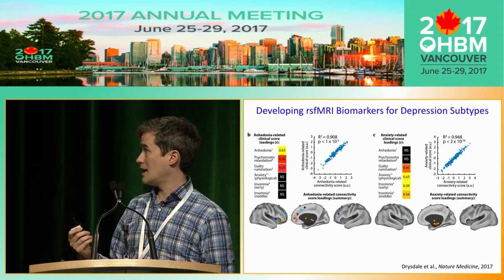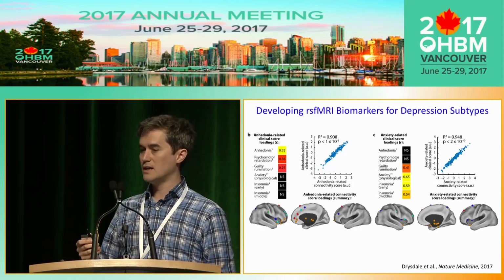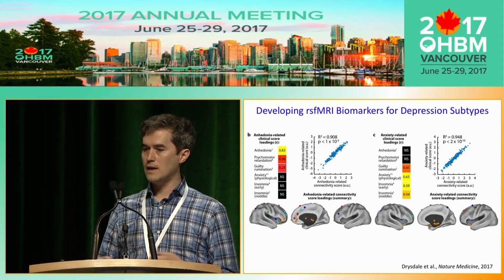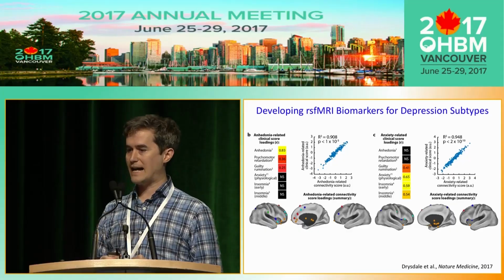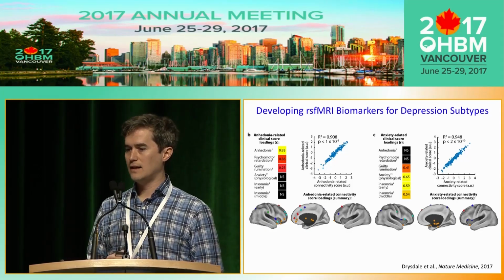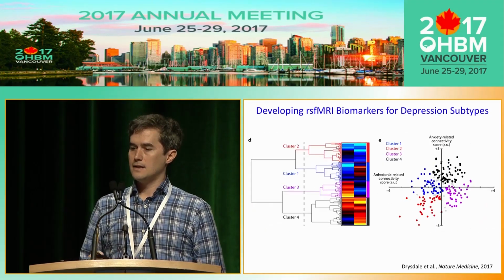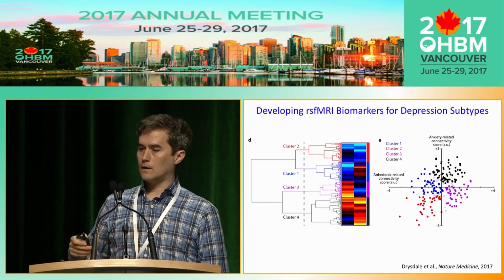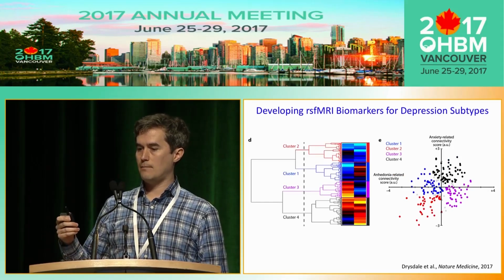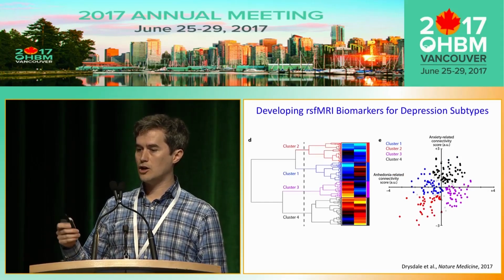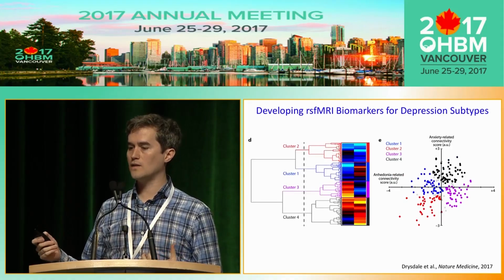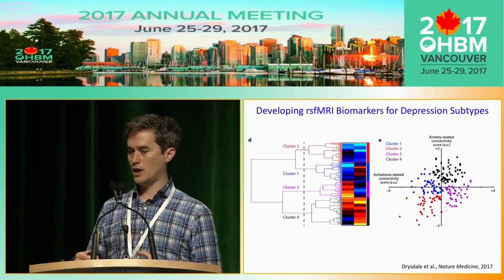We discovered two components, which we term, for lack of a better name, anhedonia-related and anxiety-related connectivity. We performed hierarchical clustering to ask whether patients could be clustered into subgroups along these two dimensions. We found that they could.